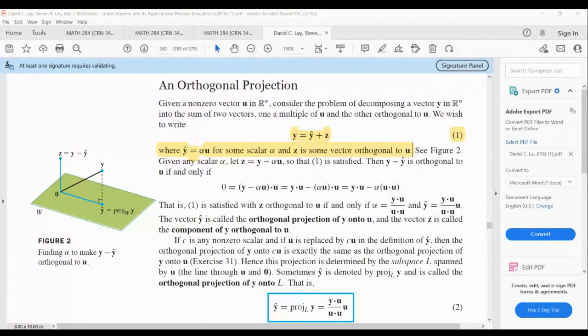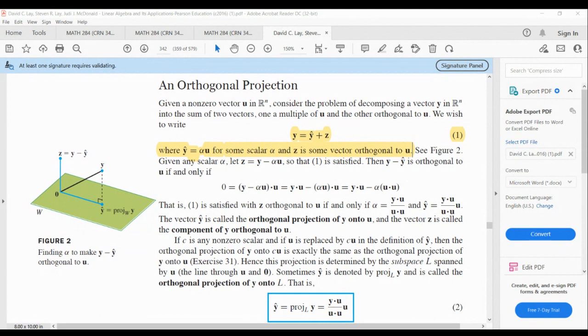Now, if you project y down into the subspace W, you get what's called the projection of the vector y onto the subspace W. So in figure 2, the y hat is a bold y vector with a hat above it. That's a way of denoting the projection of the vector y onto the subspace W.